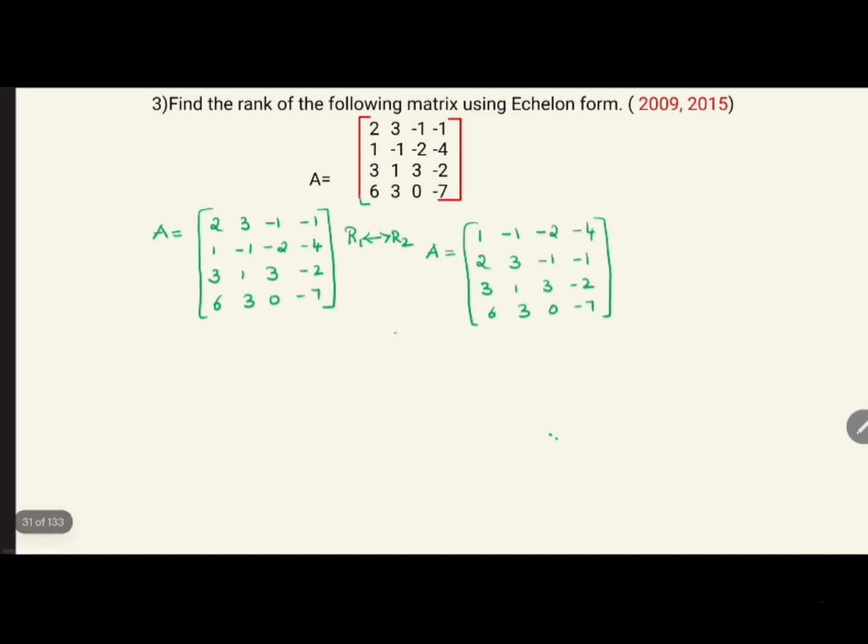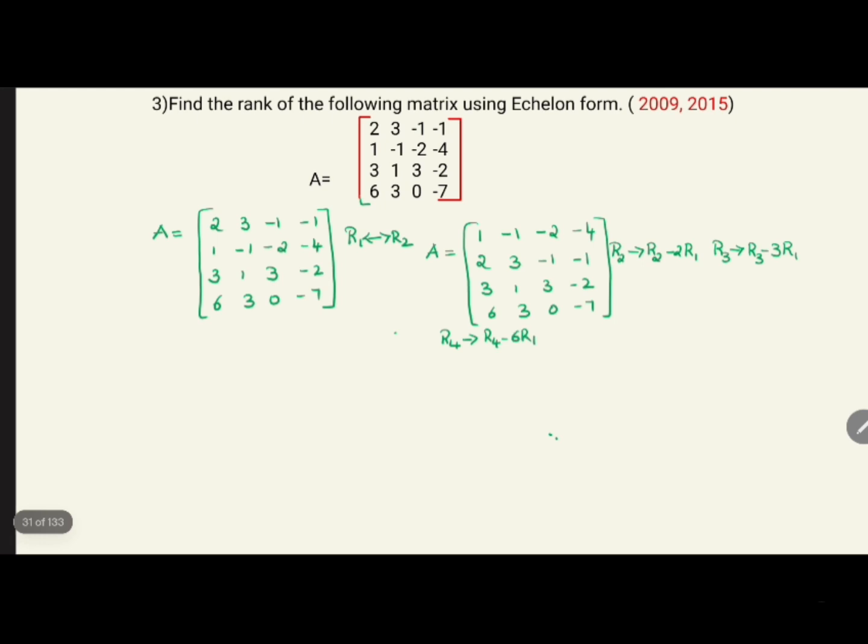Now what is the next step? I should make these 3 elements 0, making use of R1. So what will be the row operations now? R2 implies R2 minus 2R1. Next, R3 implies R3 minus 3R1. And the fourth row, students, R4 implies R4 minus 6R1.